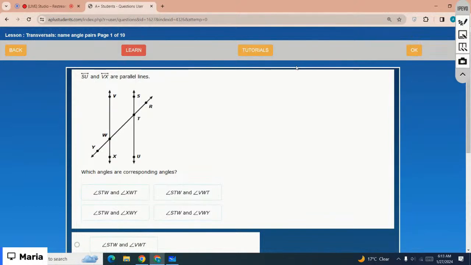Corresponding angles are the angles that are on the same lines and on the, hold on, the different sides. I think let me just confirm.